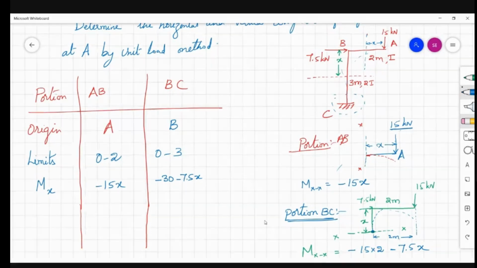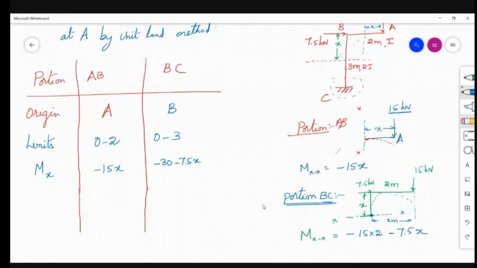Whereas for portion BC, the origin is assumed as B, so from B it is a distance of x. This is your free body diagram. 15 into 2, 30 kilonewton-meters, is hogging moment, and 7.5 into x is also hogging. So that's why this is negative: minus 30 minus 7.5 into x.